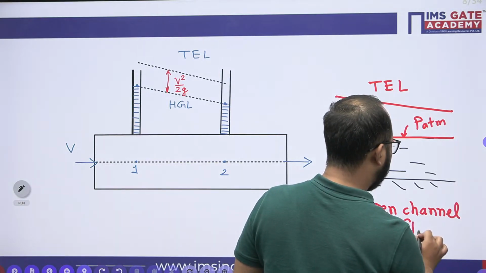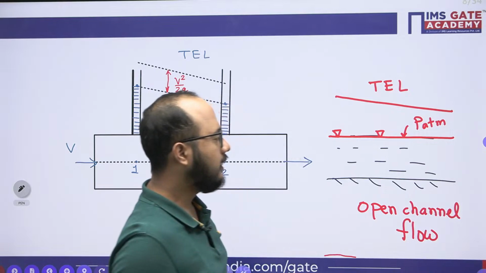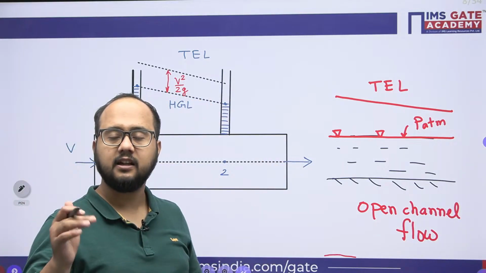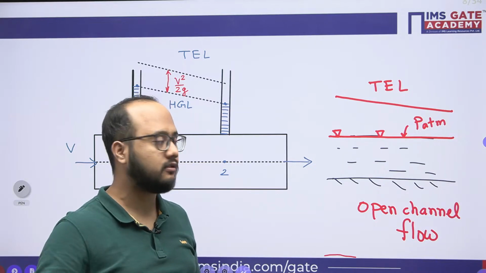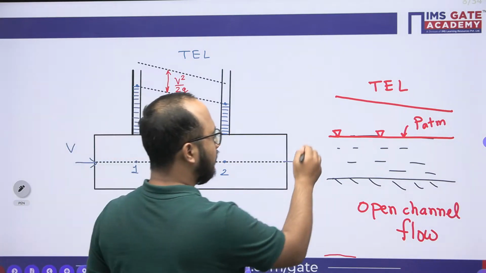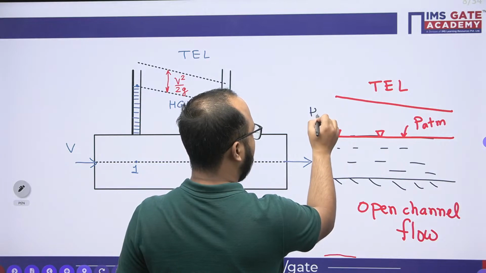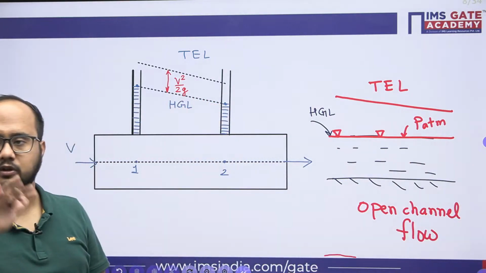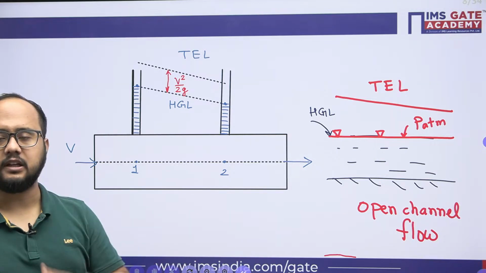For open channel flow, this HGL will be the surface of the fluid itself, as the pressure everywhere is atmospheric. So that's why it is HGL only. But the TL will decrease along the length. Wherever the fluid flows, TL has to decrease only because of the losses.